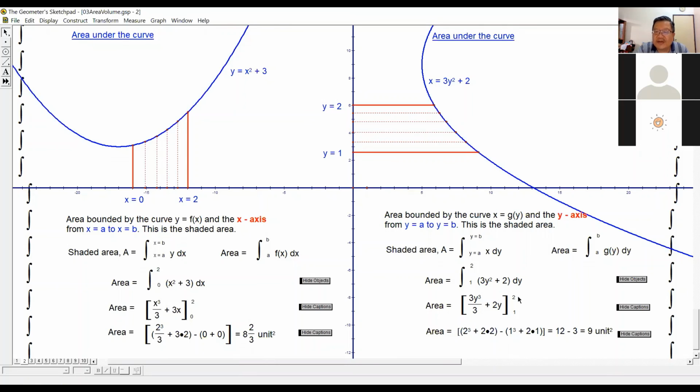After that, I substitute in y equals 2 into this function, and I substitute y equals 1 into the same function, right? So how much is that? Finally, that is 12 minus 3 is 9, correct. So the answer is 9. Any question? No.